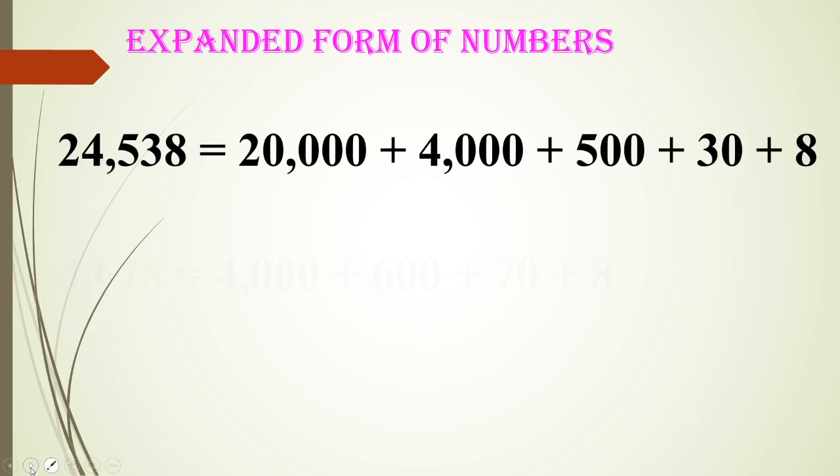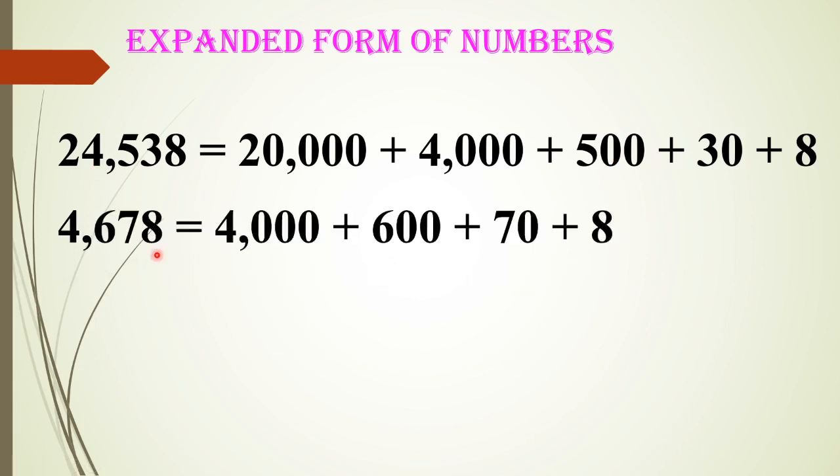The number is 4,678. So we have to write the first place value of this number, that is 4,000, correct. Then 600, correct. Then 70, and the last one is 8. Okay, this is also correct.